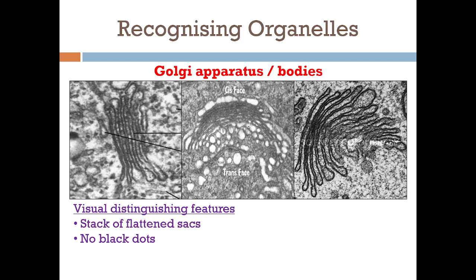So you realize I don't talk about whether the membrane is curved, because whether the membrane is curved depends on the angle that the photo is taken. Look at the Golgi apparatus on the left, which shows very clearly a curved pattern with concave and convex faces, but the Golgi apparatus on the right looks more straight.